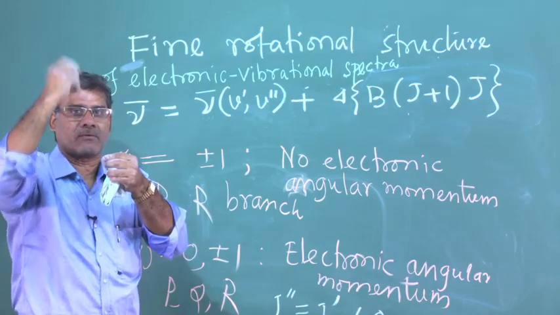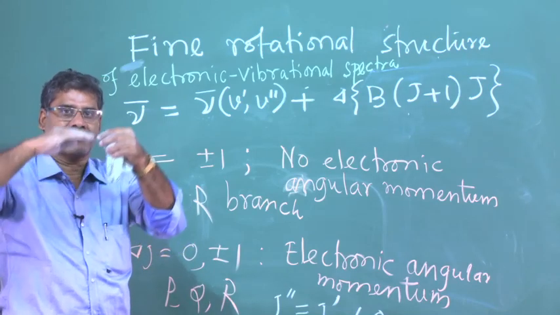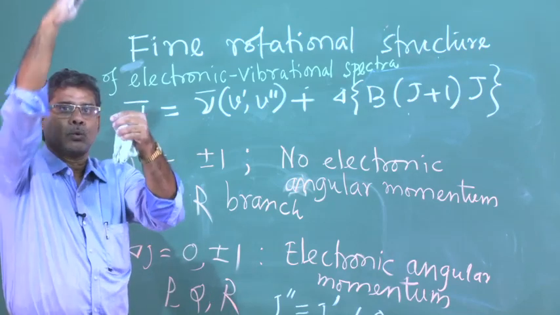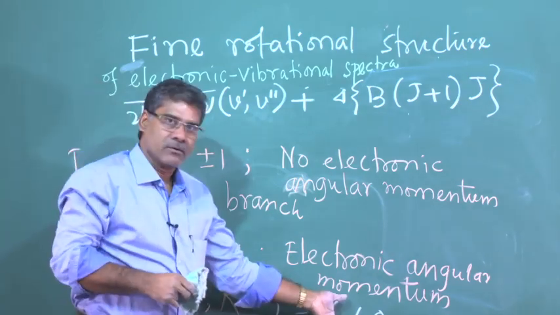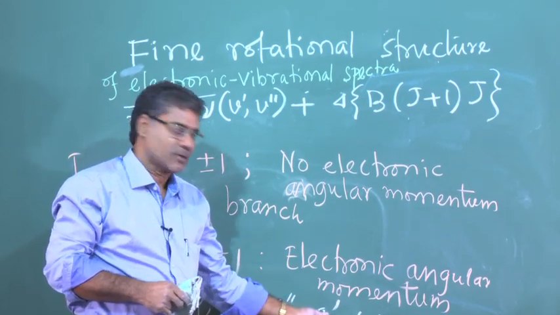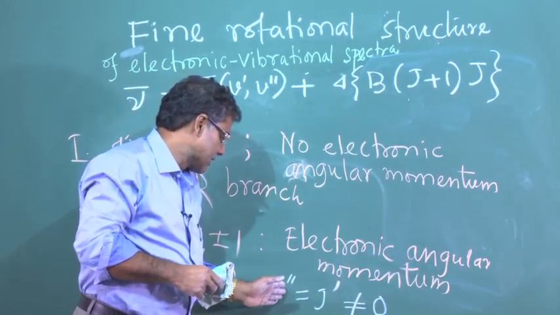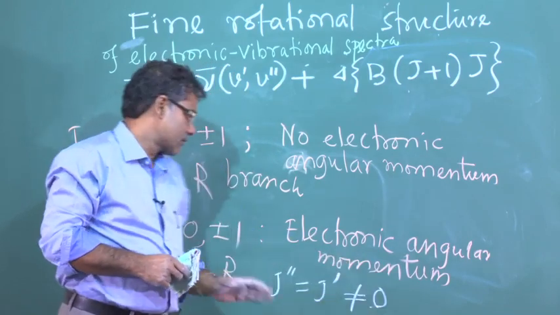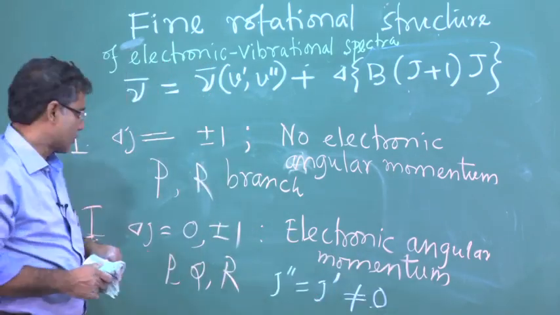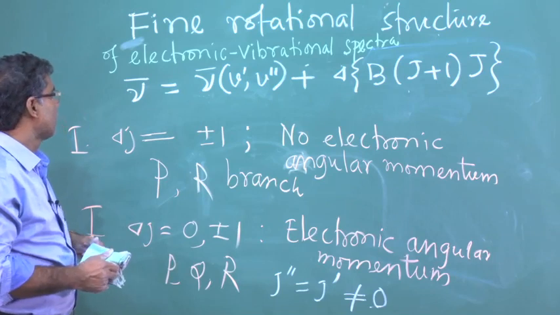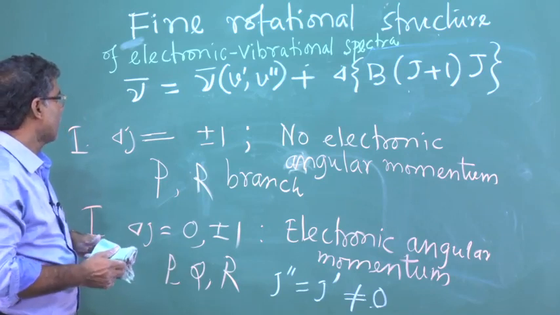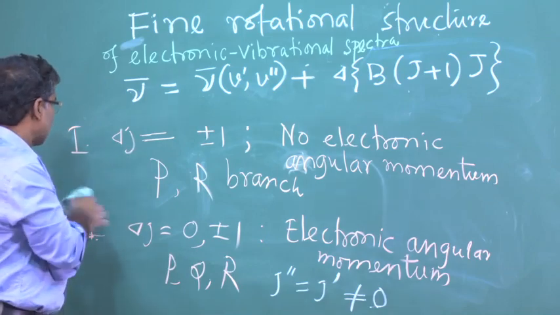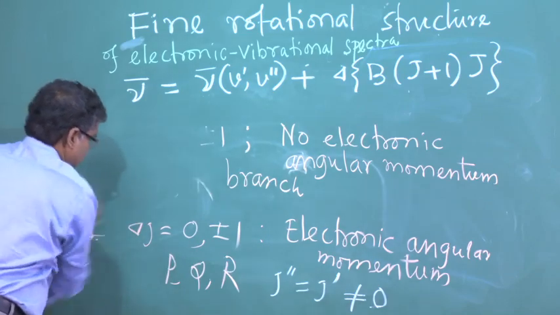But from 1 to 1, from 2 to 2, those are allowed. So, that restriction one also has to put. Following this selection rule, I can write it basically.